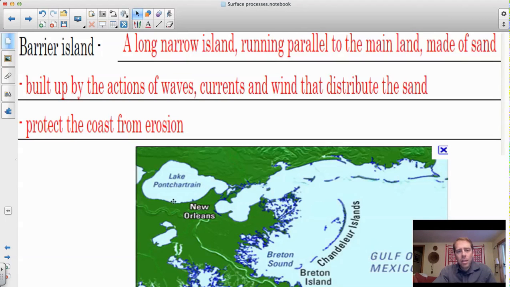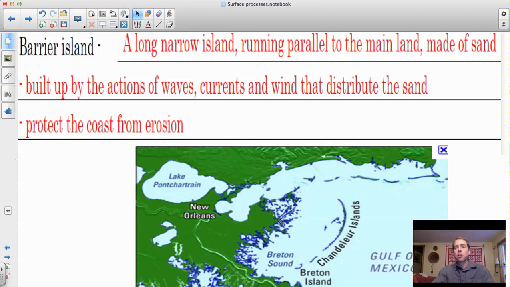One of the things that I want you to see here in New Orleans, this is one giant delta. As the sediment is flowing out of these rivers, it hits the ocean, slows down, stops, and the sediments that are picked up by the Mississippi get dropped here. And this whole area is caused by erosion up in the United States, picking up soil and sediment, carrying it down to the ocean.